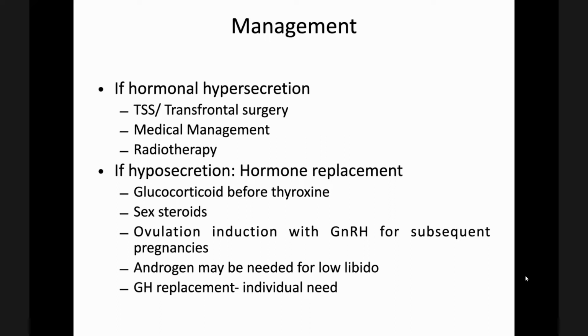If hyposecretion, then we have to replace drugs like glucocorticoids before thyroxine. Glucocorticoid replacement should always be done before thyroxine replacement if there is both hormone deficiency. Sex steroids are replaced if needed, ovulation induction is given for infertility, androgen for libido, and growth hormone replacement as needed.